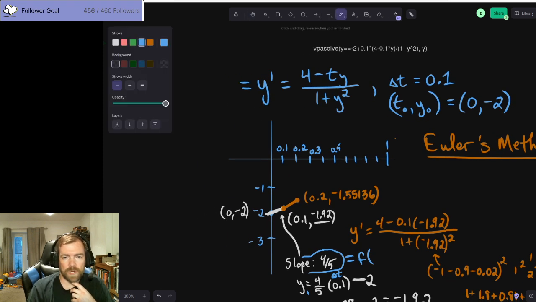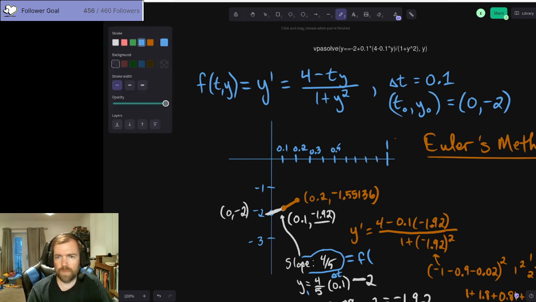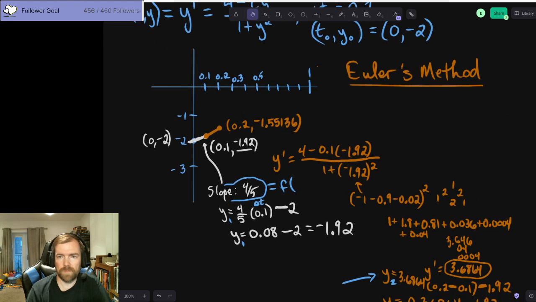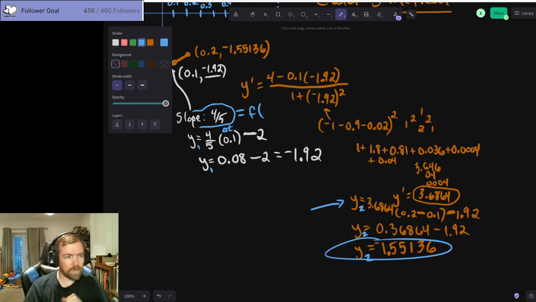Then the negative 2 here was plus y0, and our 4/5 was f at t0, y0. That's all crammed in there. We'll spread it out in a second.